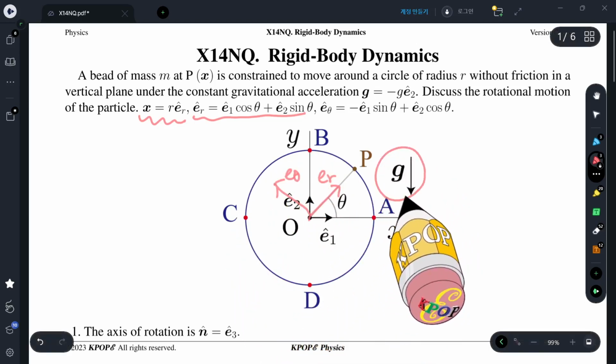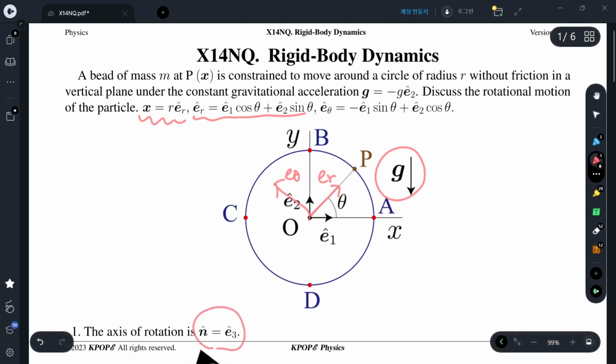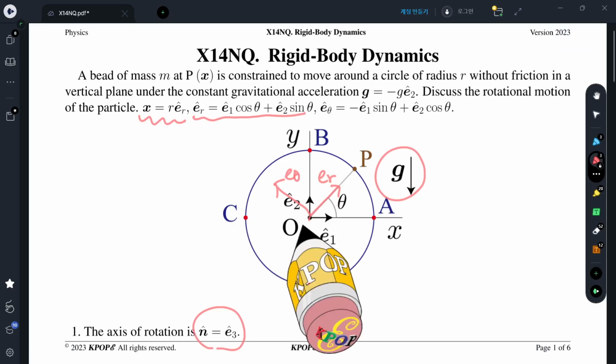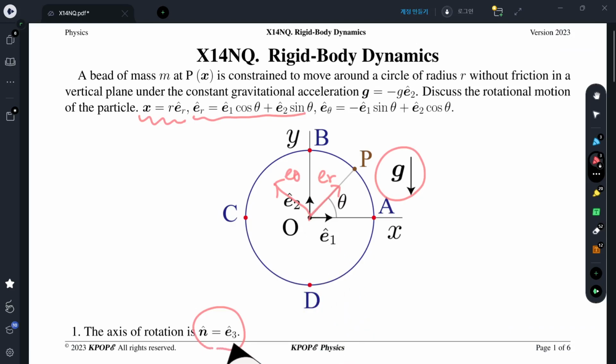However, because of the gravitational acceleration, this motion is not a uniform circular motion. It is a non-uniform circular motion. Anyway, it is making a rotation with a variable angular velocity, and the axis of rotation is at least fixed, that is along the z-axis.